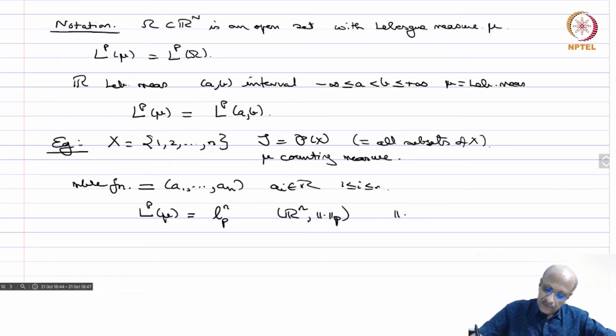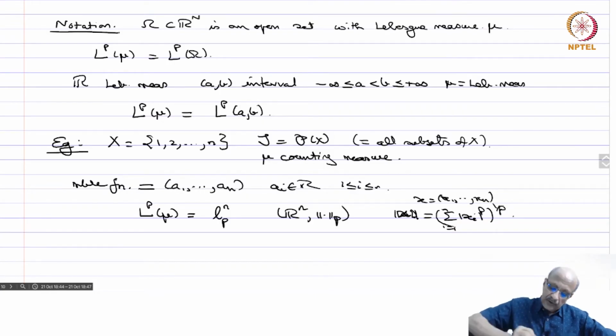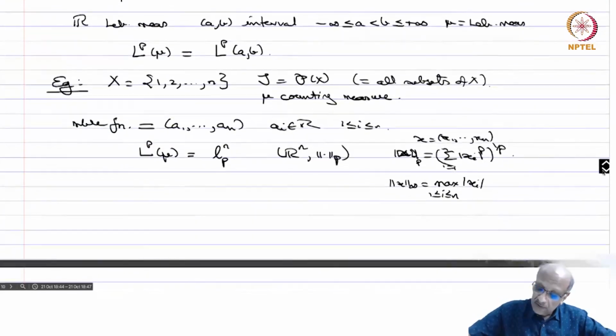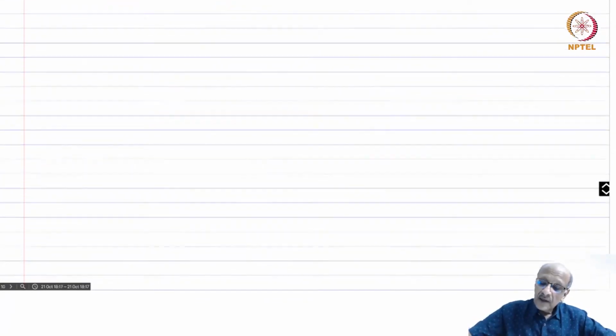So norm p of x equals (x1, x2, ..., xn) is nothing but (sigma mod xi to the power p, i equals 1 to n) whole power 1 by p, and norm x infinity equals max mod xi. So the finite dimensional spaces which we have seen are precisely Lp spaces.